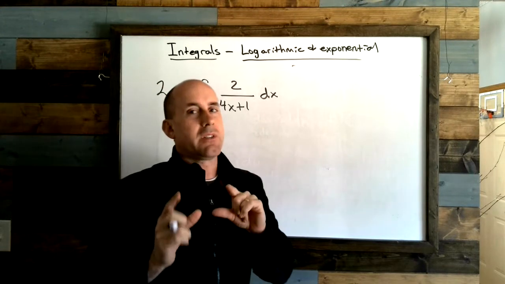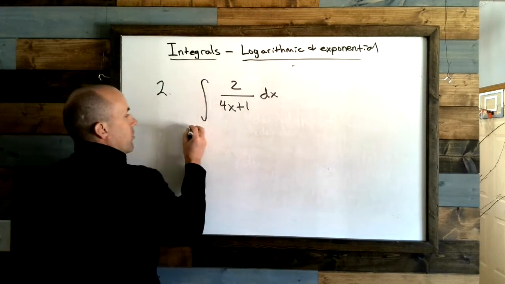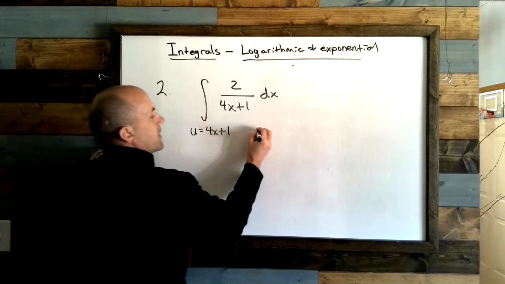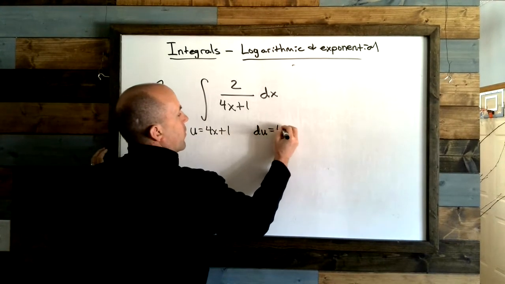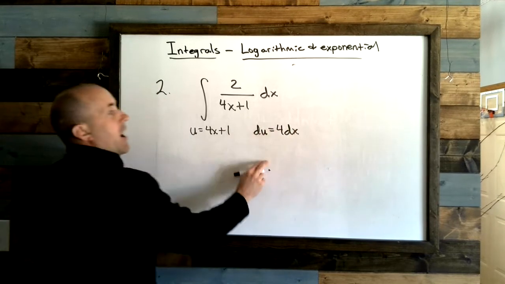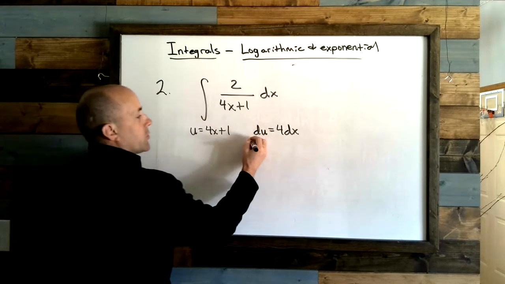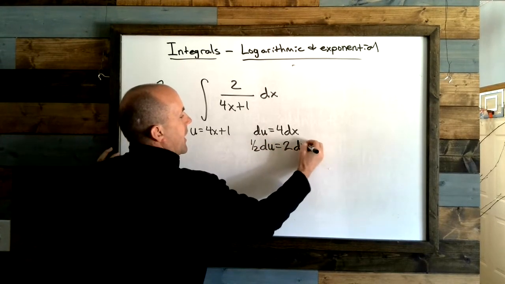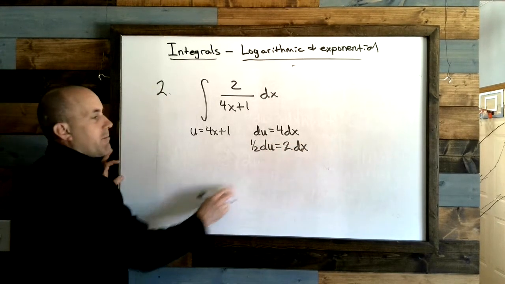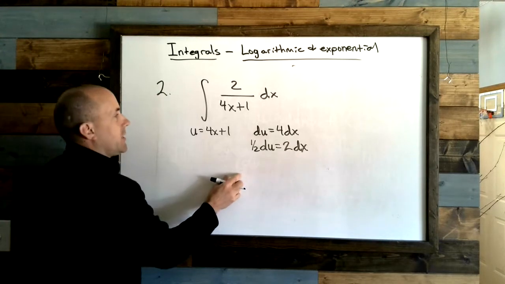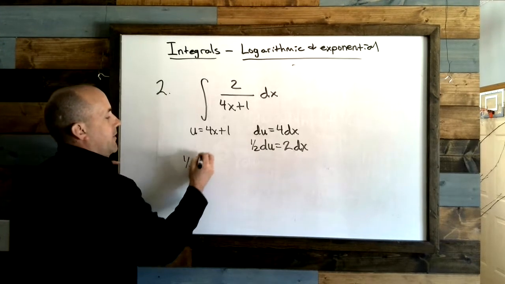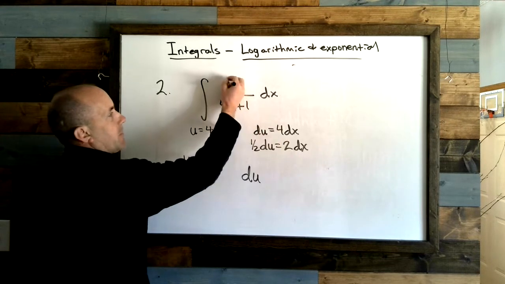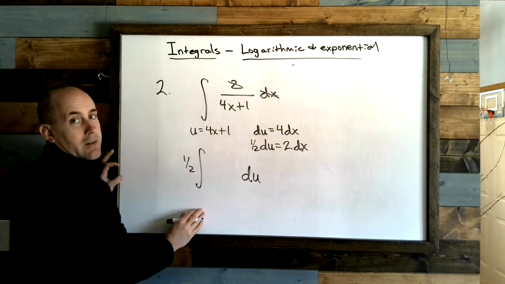And watch what happens if we try this substitution, where u is equal to 4x plus 1. Then du is equal to 4 dx. I don't have a 4 dx, I have a 2. So 1/2 du is equal to 2 dx. As I make this substitution, I have 1/2 the integral of du, and what I get rid of is my 2 and my dx.